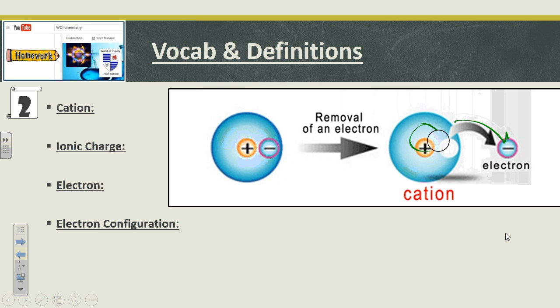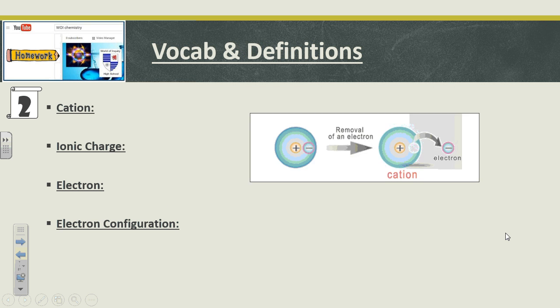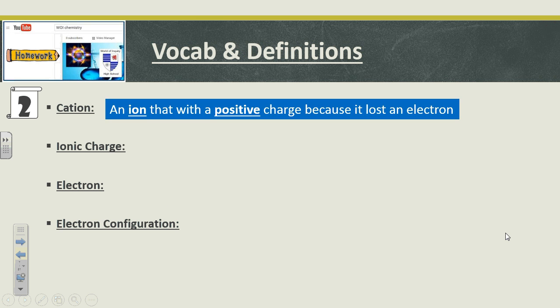That's how, when I lose, I get positive. Losing electrons is a positive thing. So a cation is an ion with a positive charge because it done gone and lost an electron. Don't know where that electron went. Somebody else scooped him up.